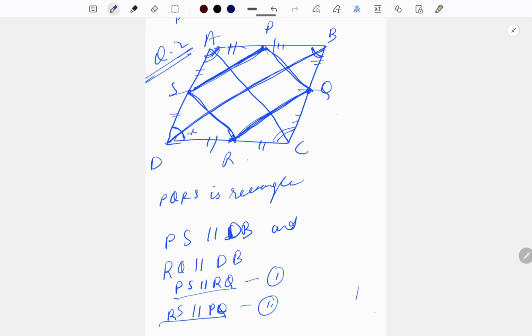Let us suppose this angle is X. This angle will also be X. Then we will end up proving the top part is congruent.